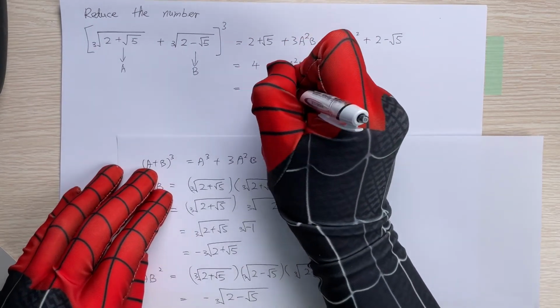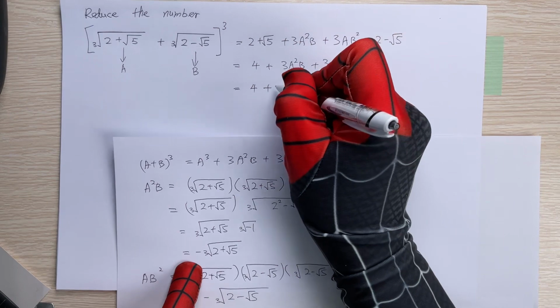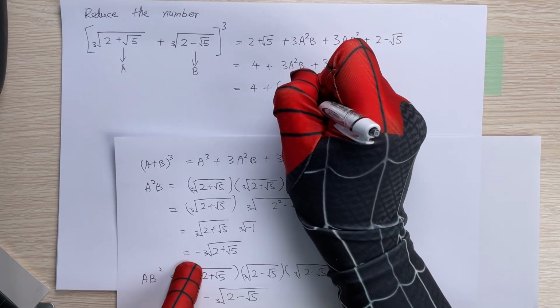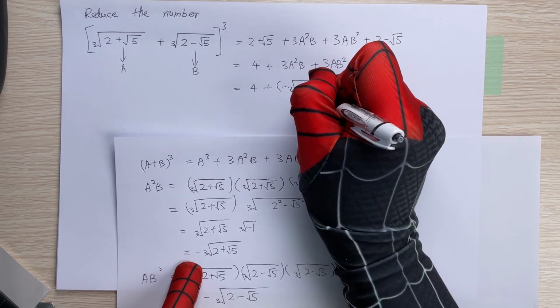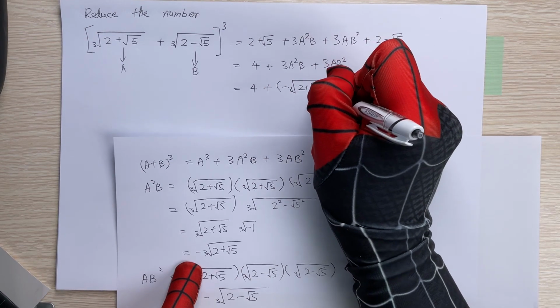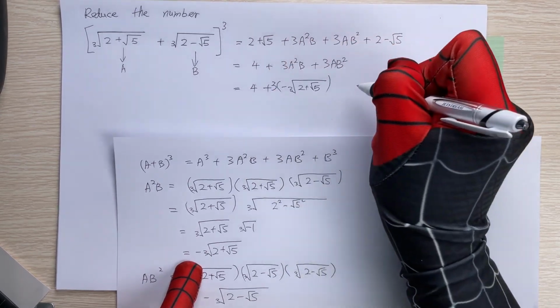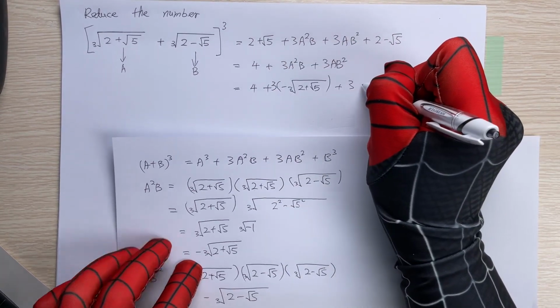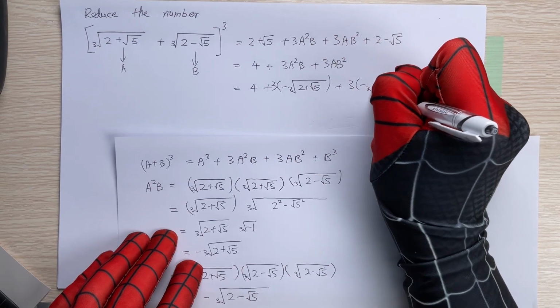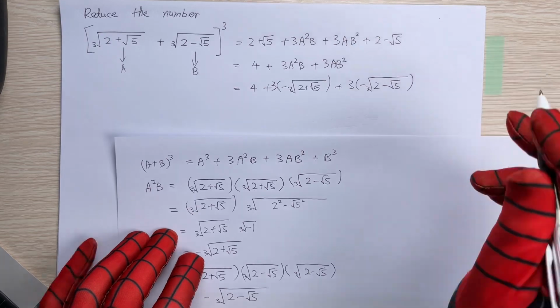So this is 4 plus 3a squared b. Actually, it should be minus, so put minus the cube root of 2 plus square root 5. Oh, I forgot the 3, the coefficient, plus 3 times minus the cube root of 2 minus square root 5.